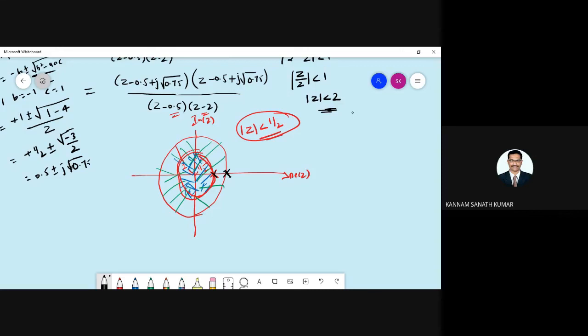Okay, so this is 0.5 and 2, another pole. Okay, so like this you have to apply the z transform and find out the ROC for the given signal. And when he asks to plot the pole zero plot, you should plot it like this.